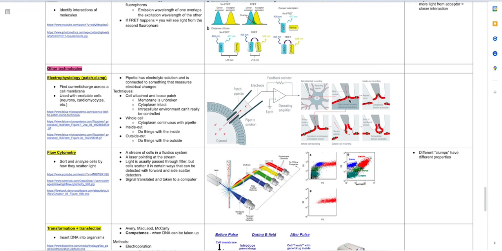What's good about this is that your cytoplasm is still normal and you haven't disturbed it. But what's not good is that you can't really control the intracellular environment of the cell. The second technique is whole cell recording. You suck it in really hard, and then you make it so the cytoplasm is continuous with the interior of your pipette.